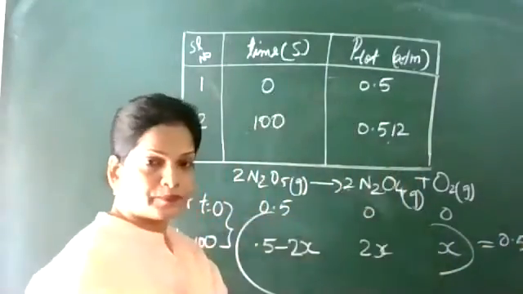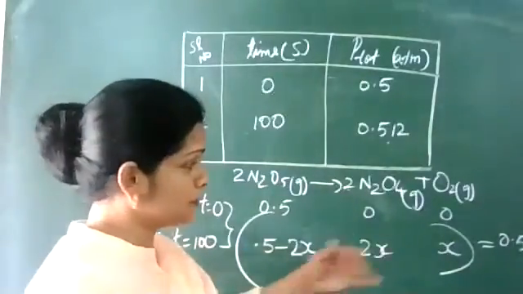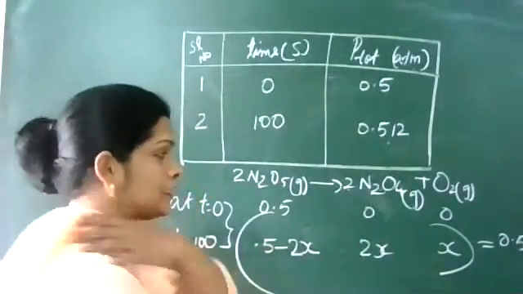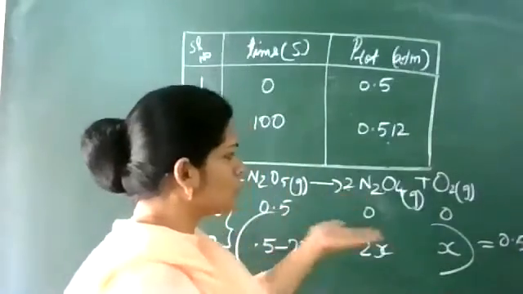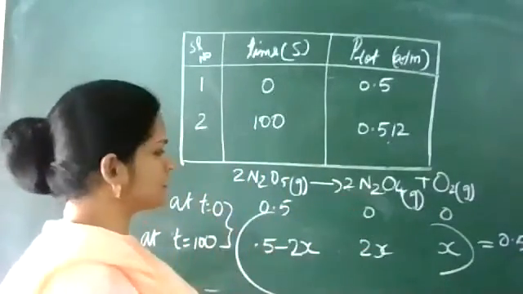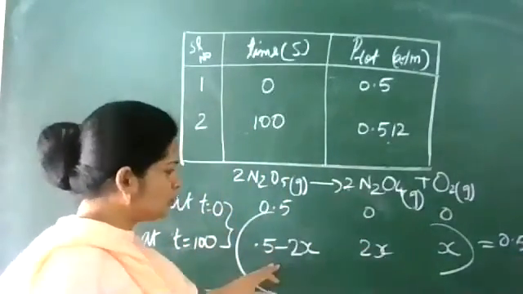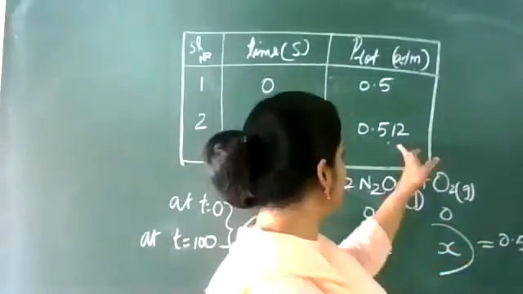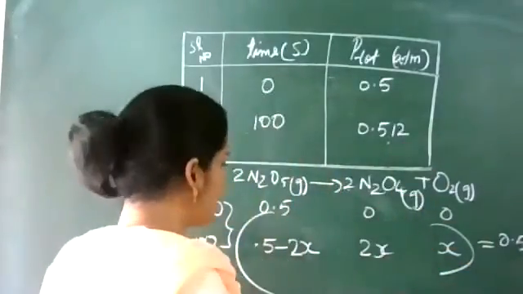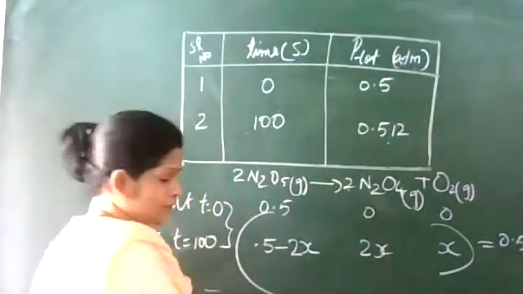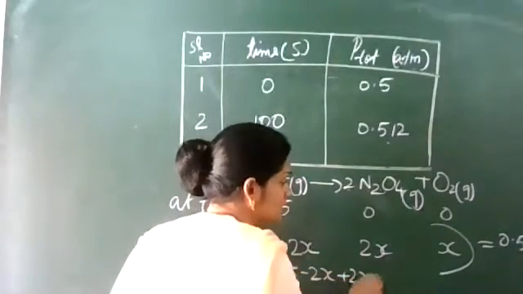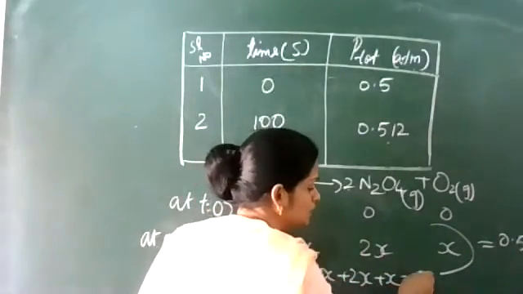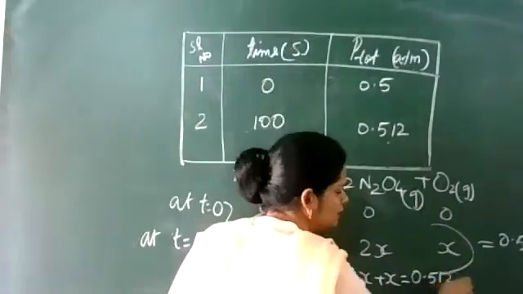Now you see the total pressure increase. Previously it was 0.5. Now products are also formed, so this plus this is given as P total. You add all these things: 0.5 minus 2x plus 2x plus x is equal to 0.512.